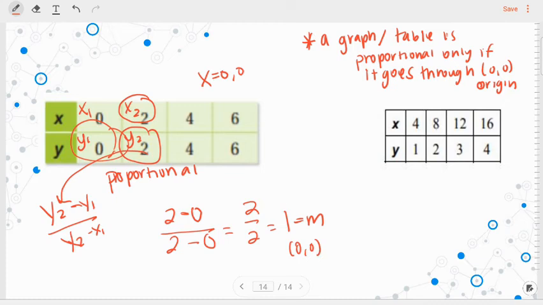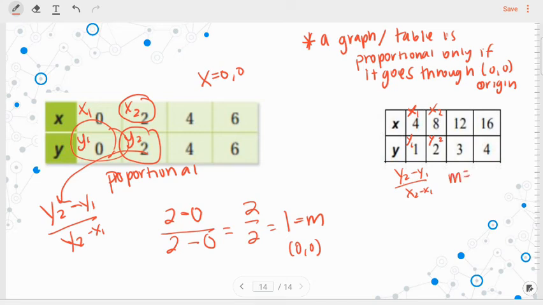Hey, let's look at this last table. This is x, this is an x, this is a y, this is a y. This is my first point, this is my second point. So let's find the slope of this table. So remember, y2 minus y1 over x2 minus x1.